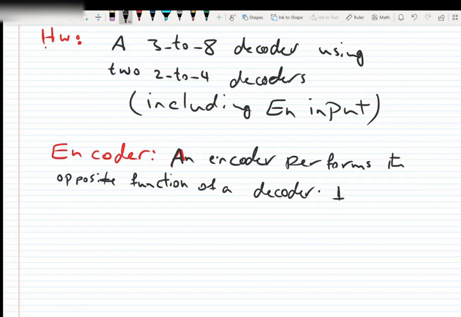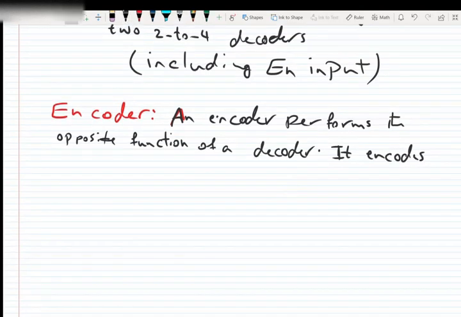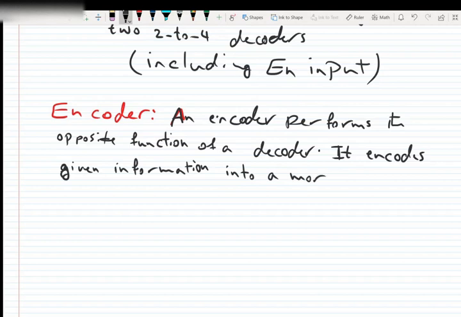It encodes given information into a more compact form.